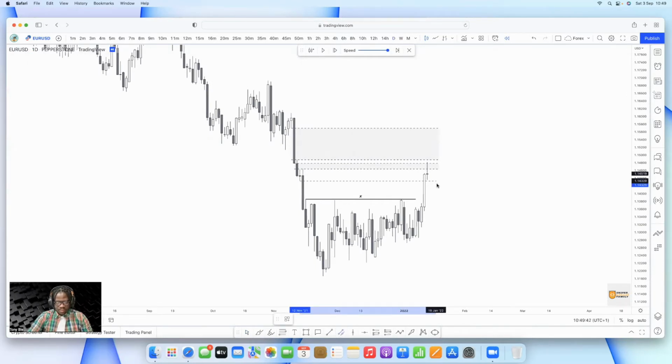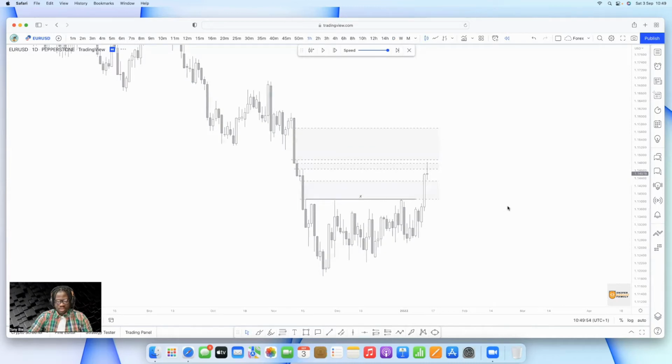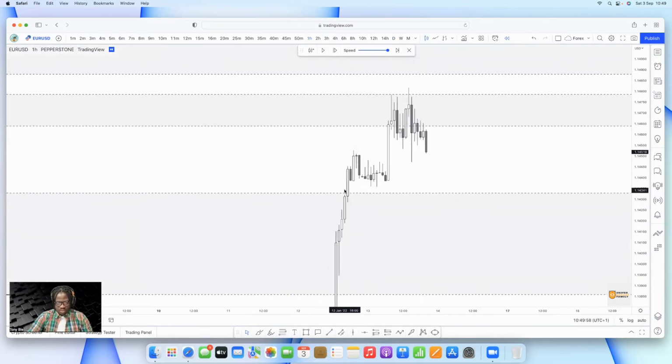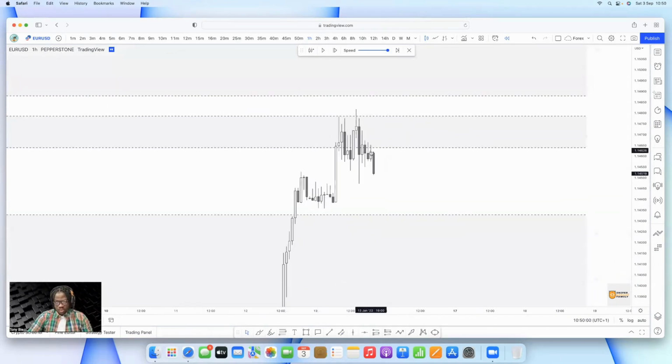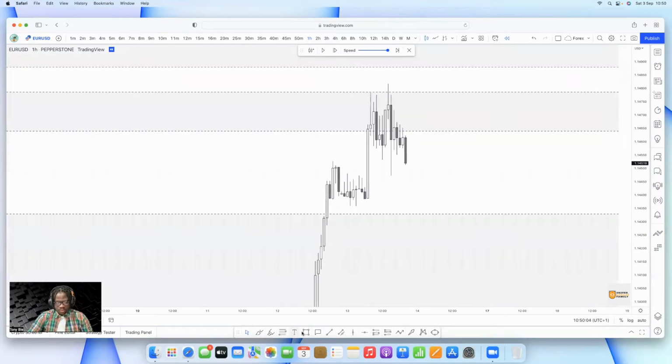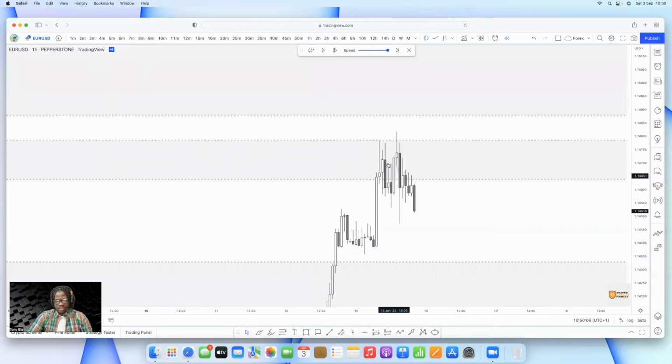This is the first imbalance, yeah. And then this is the first, this is the second, this is the third. All right, so going into the 1 hour, now we can see price has traded through the first one, came into the second one. Now, if we're checking this, we bought all the way, so we're buying up, and then price has come here.